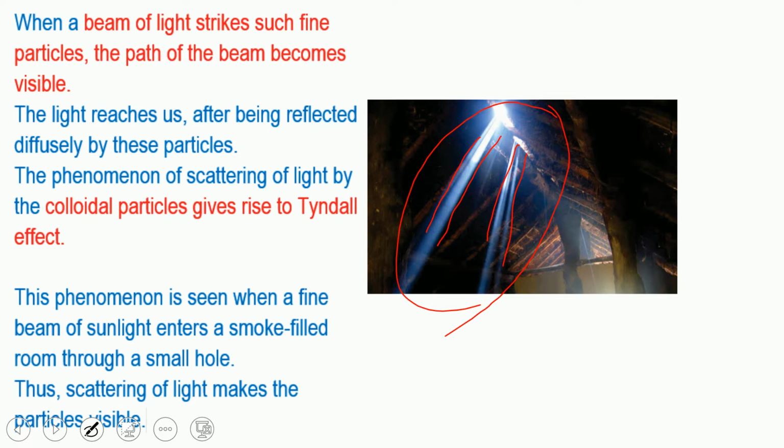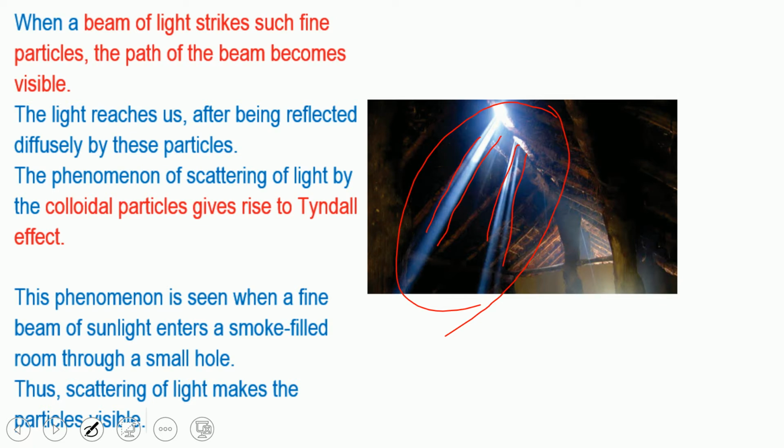Scattering of light due to colloidal particles gives rise to the Tyndall effect. If it is one sentence for one mark, to define the Tyndall effect you can say: the phenomenon of scattering of light by colloidal particles gives rise to the Tyndall effect. That much you can write. I hope you understand it.